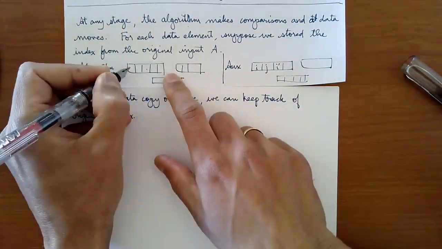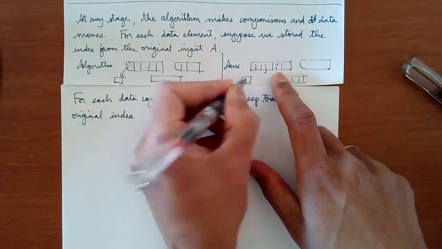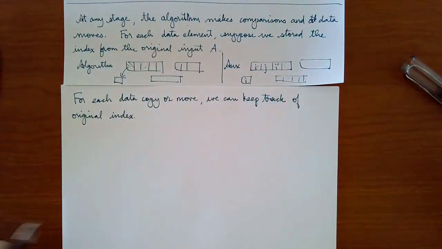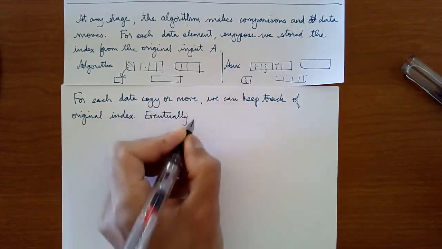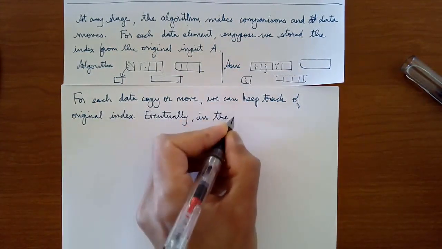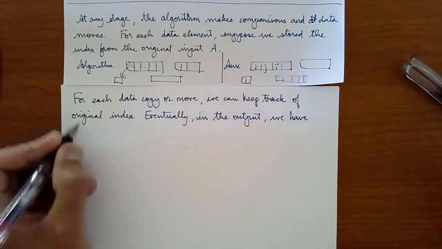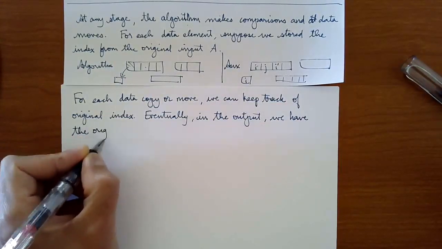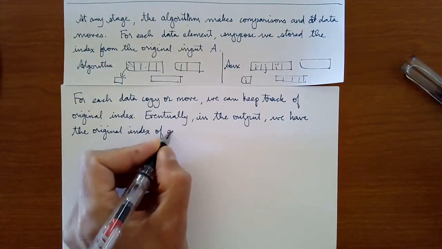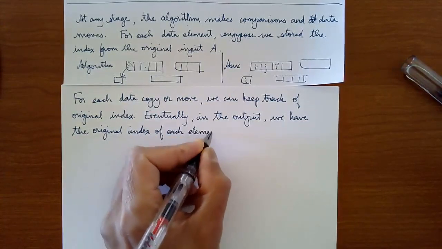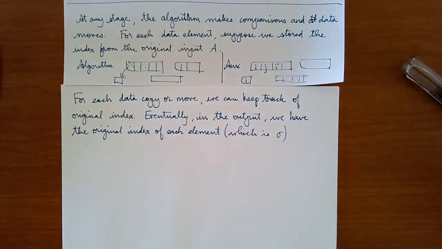So if whatever was copied to this cell, well, then you would say, oh, I'm just copying i. And so eventually, in the output, we have the original index of each element, which is sigma.